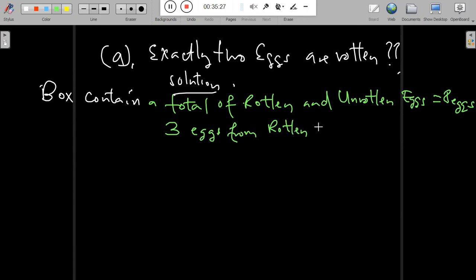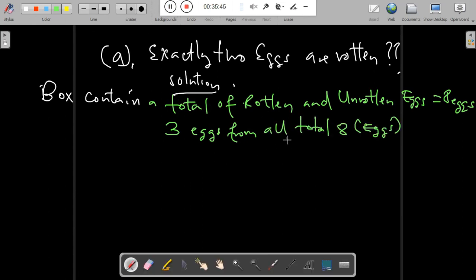So we take 3 eggs which were rotten, and to find the unrotten eggs we take 8 minus 3. We obtain 5, which were unrotten eggs, as I told you.